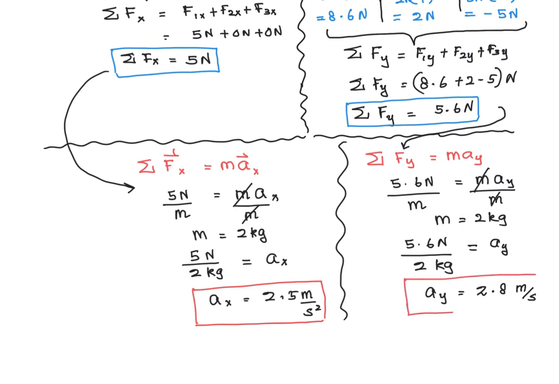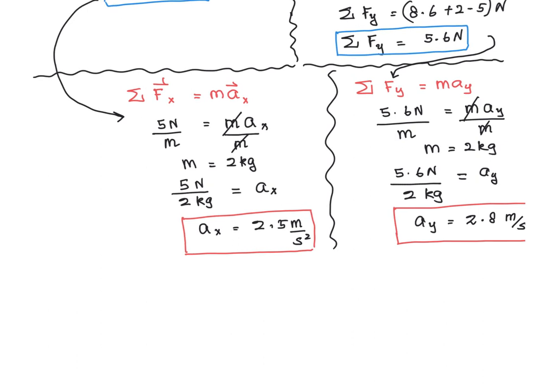So the problems that we are going to discuss in the next couple of classes, there we will be using Newton's laws along x and y directions. Now, as the very last part of this video, if I ask you to find the magnitude of the acceleration, then you follow what we discussed earlier.